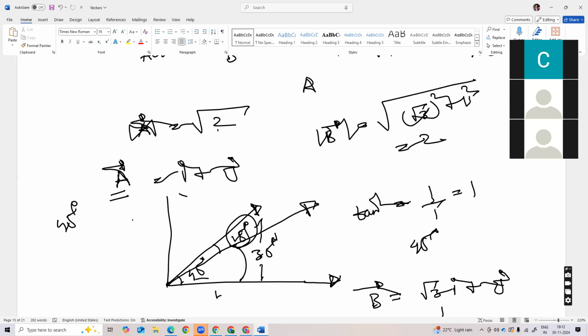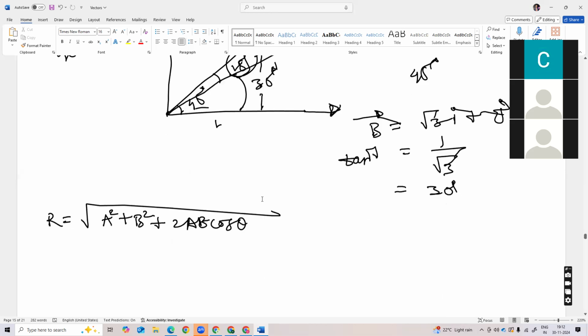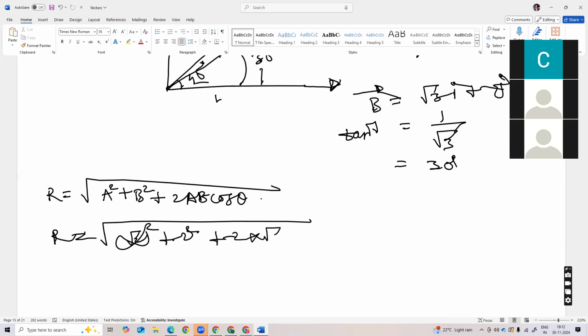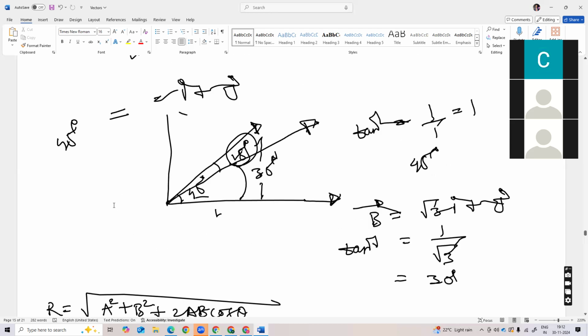So the magnitude of A is root 2, the magnitude of B is 2, and the angle between them is 15 degrees. So the magnitude of the resultant can easily be found as root of root 2 square plus 2 square plus 2 into root 2 into 2 into cos 15 degrees. This is how you can find the magnitude of the resultant.